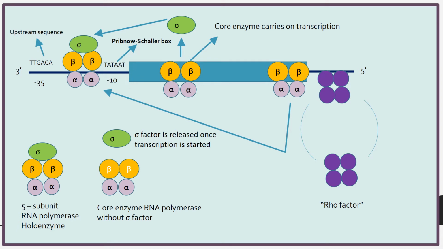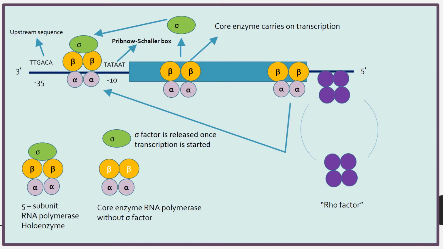While the second attachment site for the RNA polymerase is the TATA box or Pribnow box or Schaller box. This is also called the -10 sequence in the case of prokaryotes because this site is present 10 nucleotides before the region from where the transcription will start.